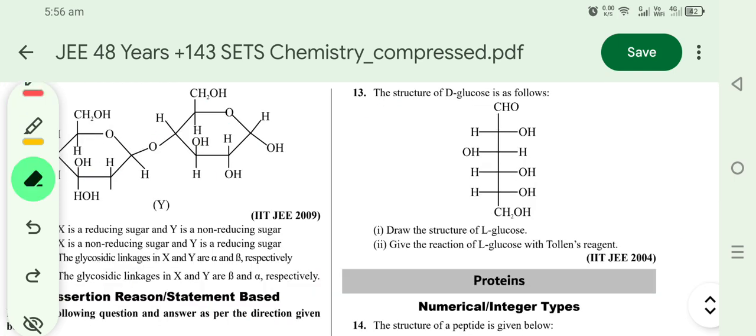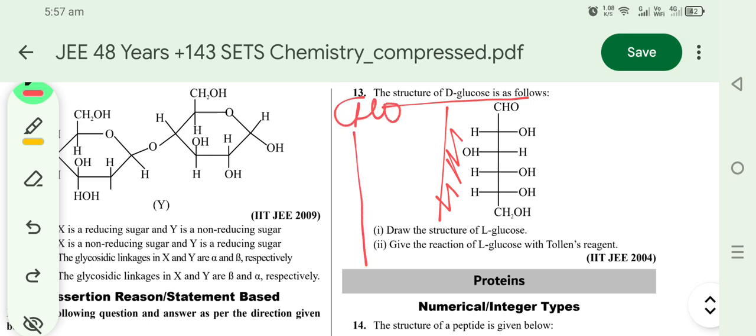The structure of D-glucose is the given one. Draw the L structure. L structure is its mirror image. In that mirror image, all the right-handed groups are present on the left side. These groups, which were originally on the left-hand side, come under the right-hand side in the mirror image.